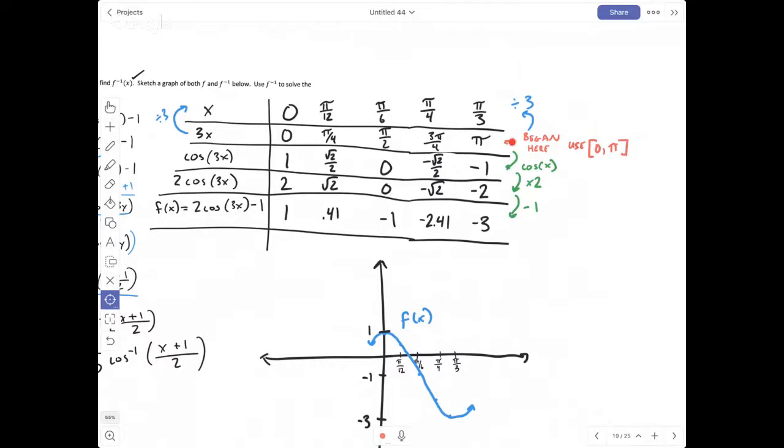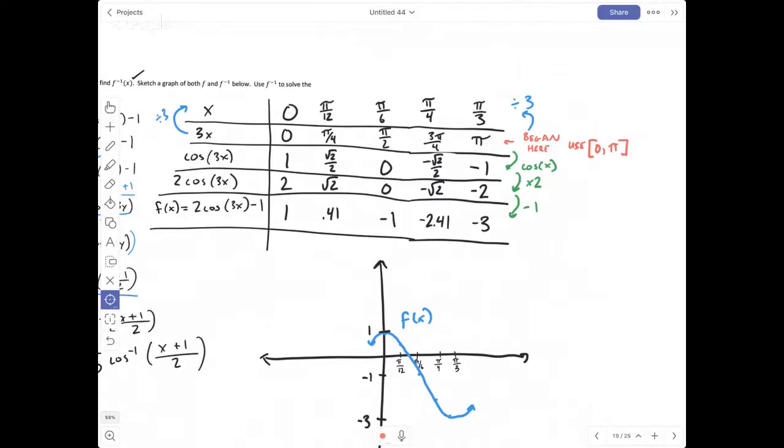I used these inputs to start with. I first set the argument to 0 to pi, and because the argument of cosine was 3x, I wanted the 3x to equal the values between 0 and pi. And then, like Katie's pointing out, since I've decided on what 3x should be, if I want 3x to be 0, then x is 0. If I want 3x to be pi over 4, then x would have to be pi over 12. And I got that by dividing by 3.